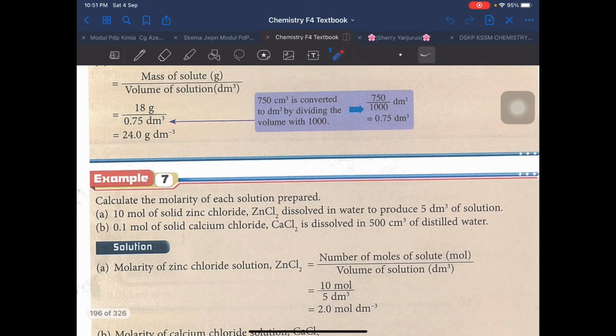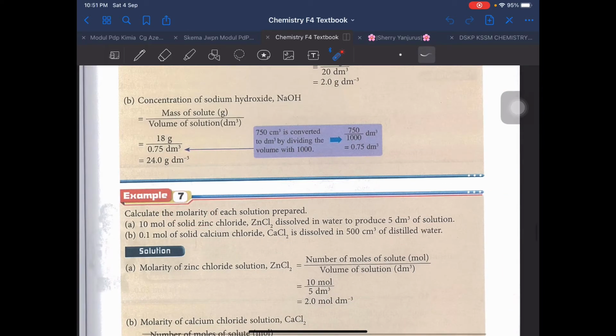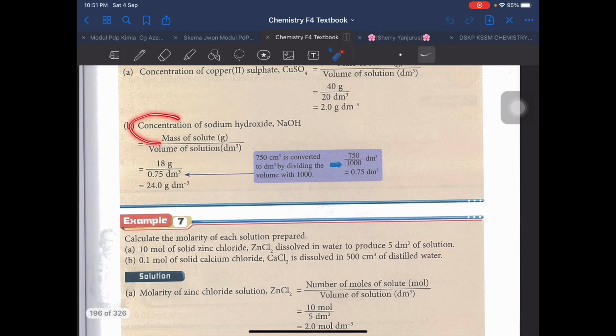Okay, let us look at the example 7 here. Calculate the molarity. Okay, there are differences between concentration and molarity. If the soalan wants you to find concentration, itu maksudnya gram per cubic decimeter. Tapi if the soalan say molarity, ada mol. So you need to use mol per cubic decimeter.